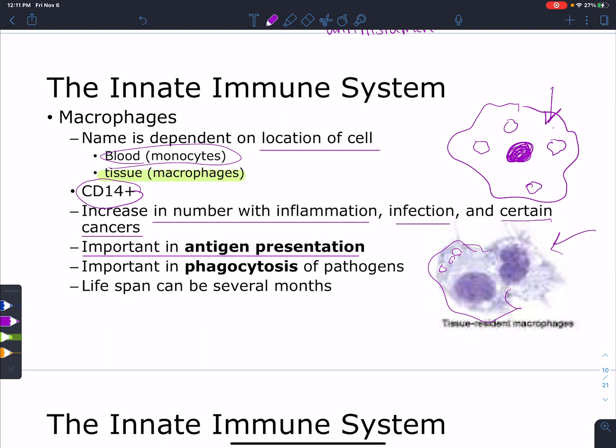The reason they can present those antigens is because they have phagocytized the pathogen, and then they broke it down. So they engulfed it, and then they break it down into little pieces, and then they say, okay, here you go, B cells. I'm presenting you with this so you can remember it and make antibodies for next time.